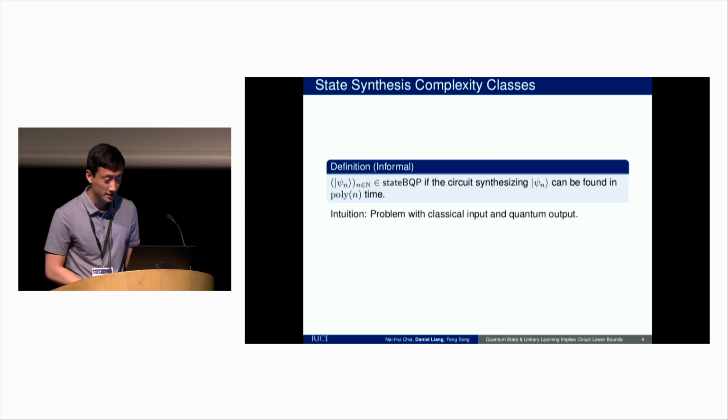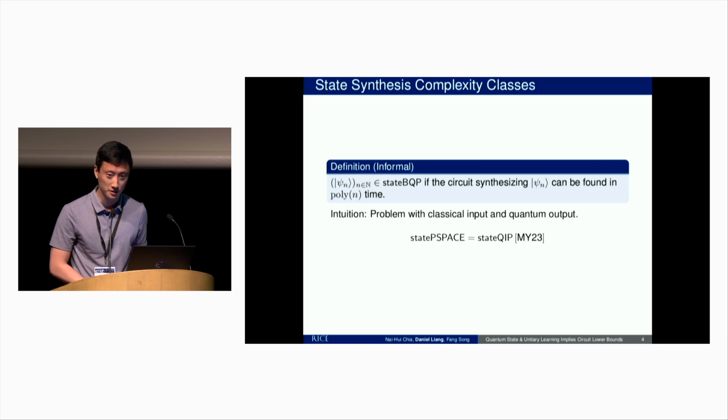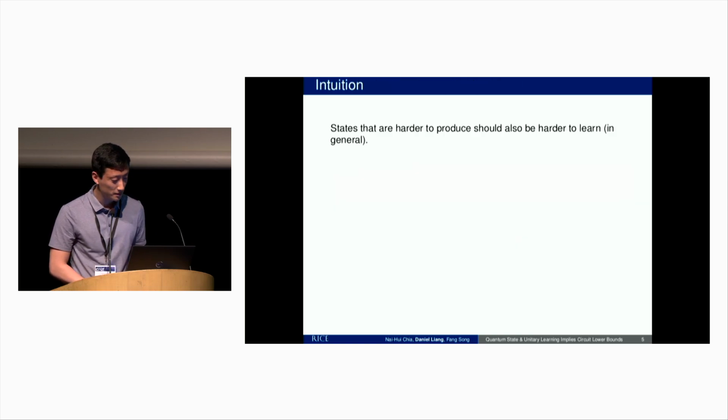They're basically state synthesis versions. You can think about them as having a classical input and a quantum output, whereas classical complexity is about classical inputs and classical outputs. And just to show that these things are meaningful, we were able to show things like statePSPACE equals stateQIP, which is the fundamental analog of PSPACE equals IP from classical complexity theory.